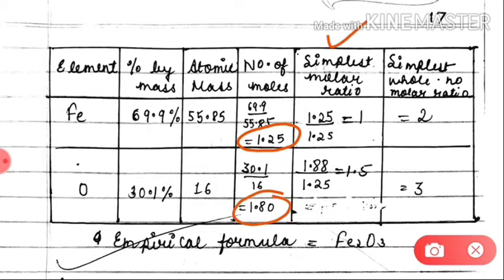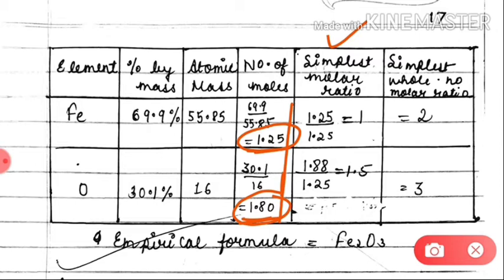In the next column we calculate the simplest molar ratio. And what did I tell you about this one? We just see the least number of moles. Here it is 1.25 and here it is 1.88. Which one has the least number of moles? That is iron, 1.25. So we divide the other number of moles by the least number of moles of any element.